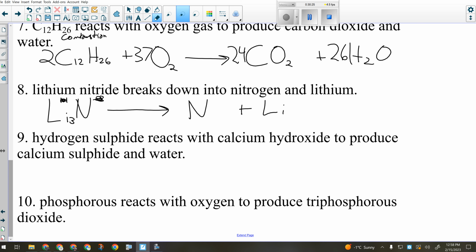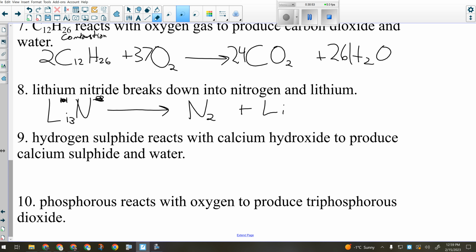Anything I need to check for? Is nitrogen a special one? Nitrogen is a special element, and I need to check that. Is lithium special? It's not. Poor lithium, nobody likes it. Now that we've got that, we can look at balancing. Here's another situation where using the biggest number doesn't work. The reason is that lithium only has a charge of 1.